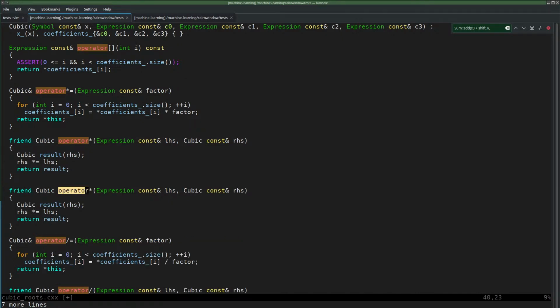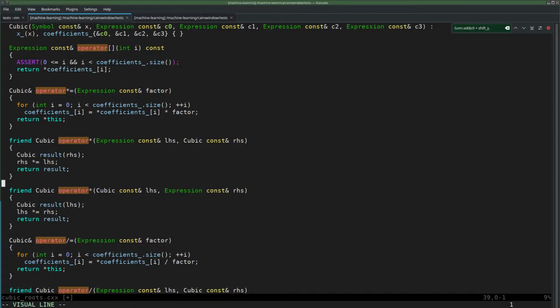So now put the cubic first anyway. Then the left hand side, right hand side. And then of course you have to make a copy of the left hand side, which you don't multiply with the right hand side.